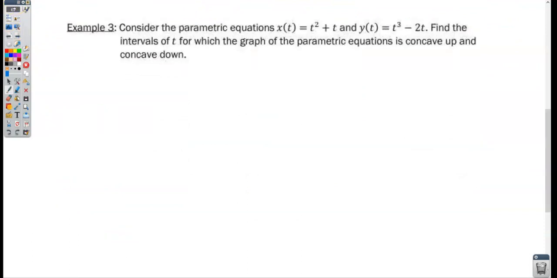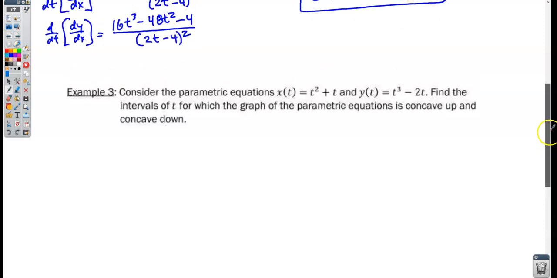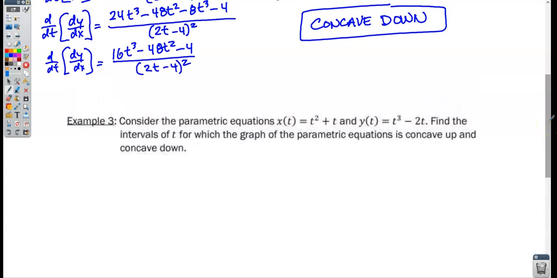In example 3, consider the parametric equations x of t equals t squared plus t and y of t equals t cubed minus 2t. Find the intervals of t for which the graph of the parametric equation is concave up and concave down. So first I'm going to go ahead and find dx dt.